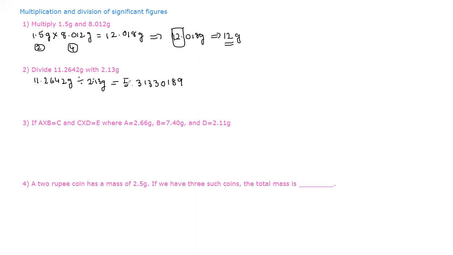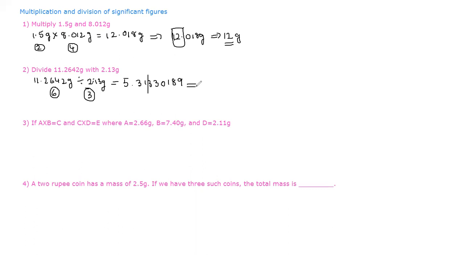So before rounding off, let us check how many significant figures are there in the original numbers. In this one, 1, 2, 3, 4, 5, 6, six significant figures are there. In another number, 2.13, how many significant figures are there? 3. So the least number of significant figures in the original numbers is 3. So our final answer needs to be rounded off up to 3 significant figures, up to here.